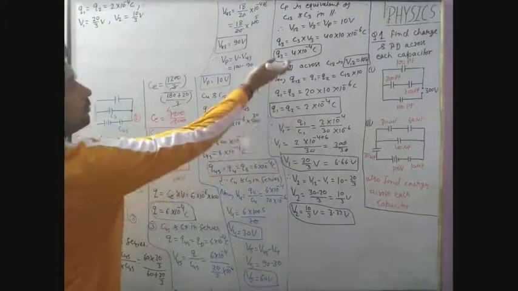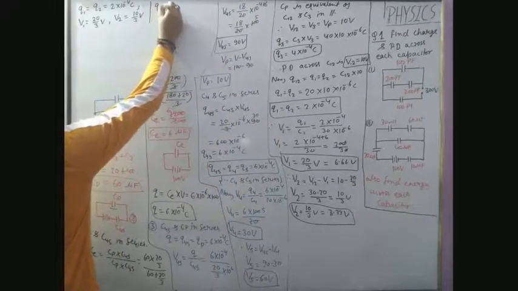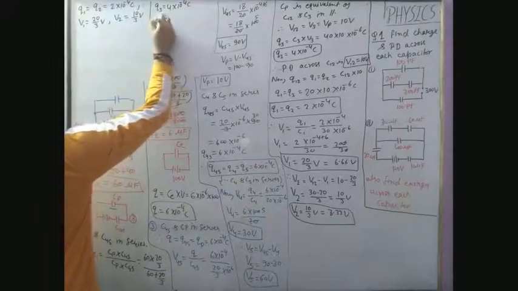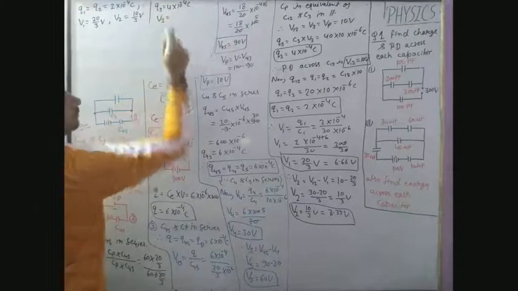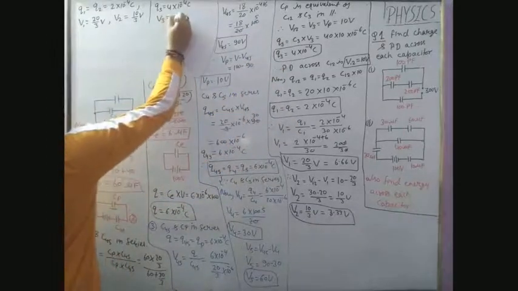Now Q3 is equal to 4 into 10 to the power minus 4 coulomb and V3 is equal to 10 volt.